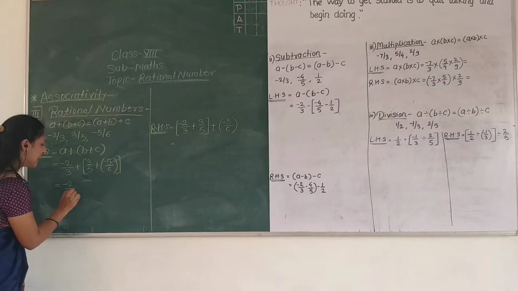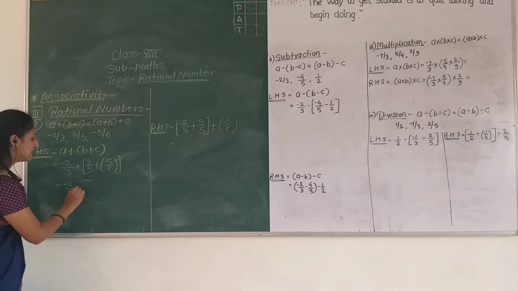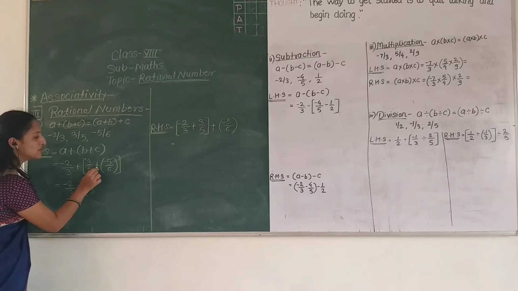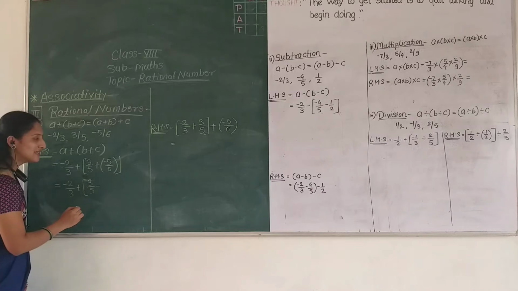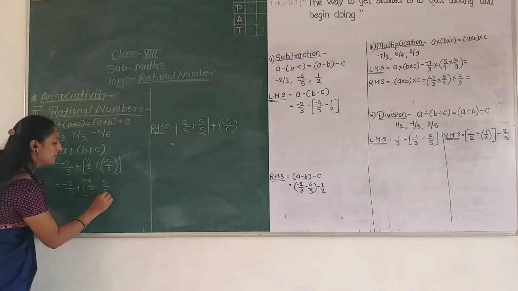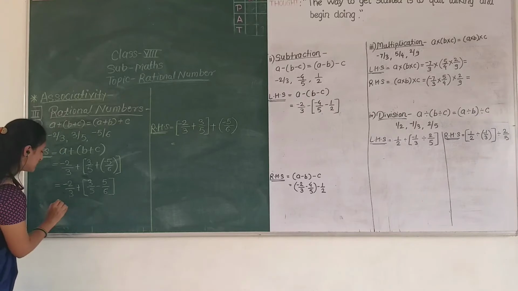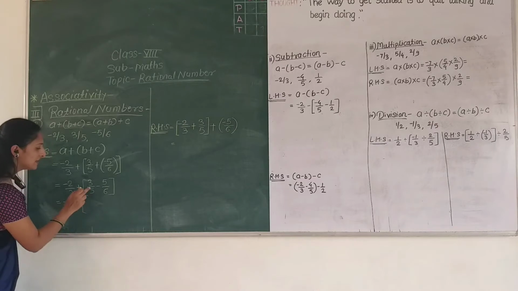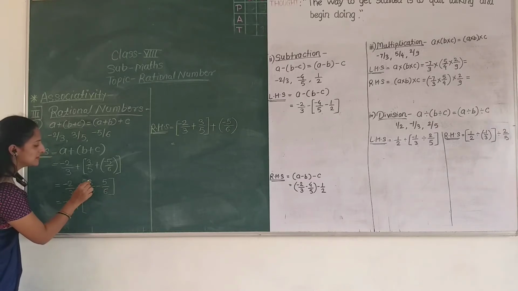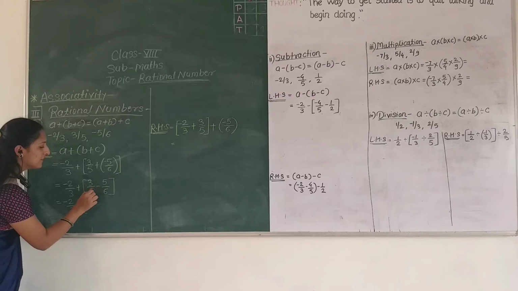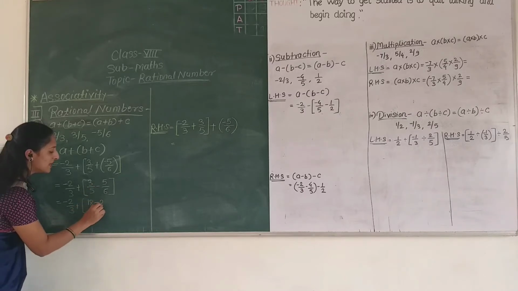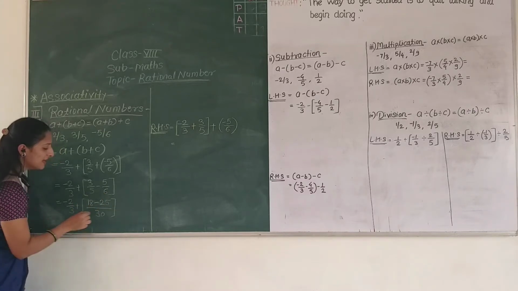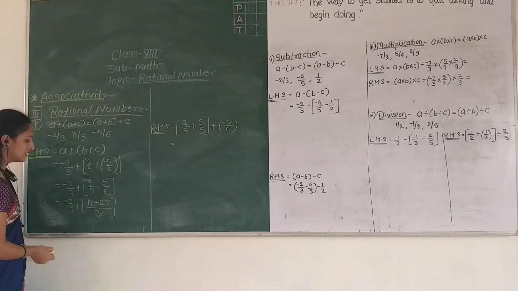So my first fraction is as it is, negative 2 upon 3 plus, in the bracket here, 3 upon 5 into negative 5 upon 6. Positive into negative is negative. So this will be equal to negative 2 upon 3 plus, here the cross multiplication is 3 sixes are 18, negative 5 fives are 25, upon 6 fives are 30. Okay, 18 minus 25 upon 30.